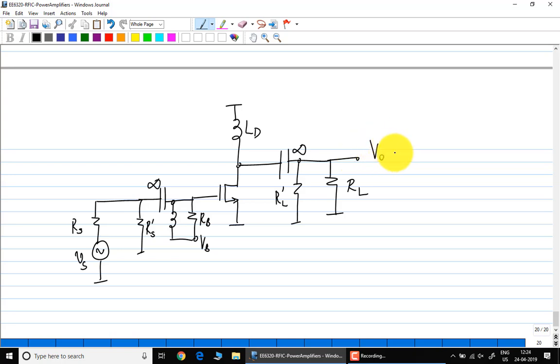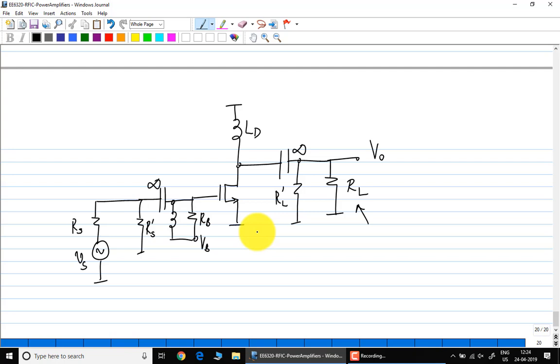What is VO max? VDD. Correct. What is the maximum power delivered to RL? The maximum voltage across RL is VDD, right? So VDD squared by 2RL will still be delivered to the load.